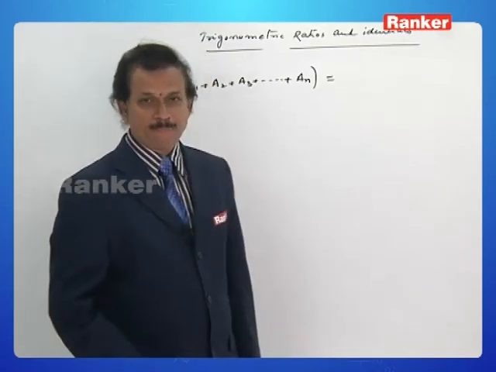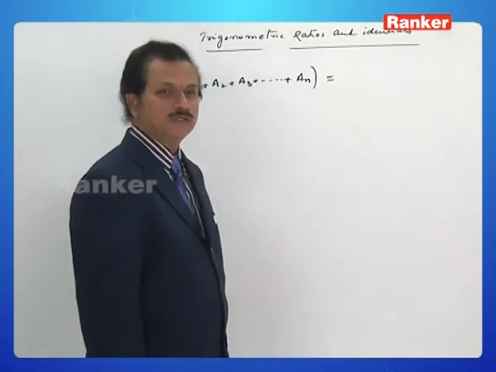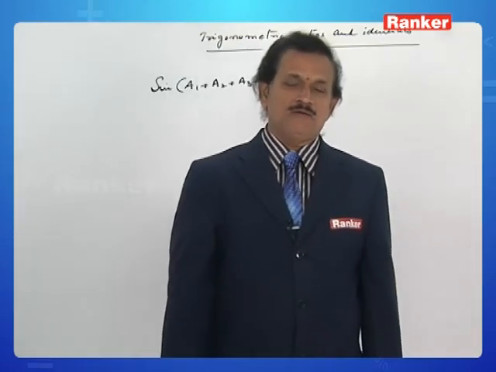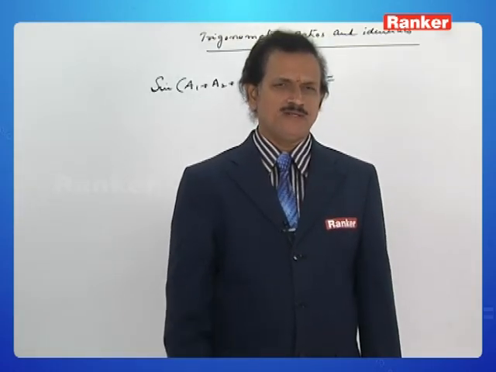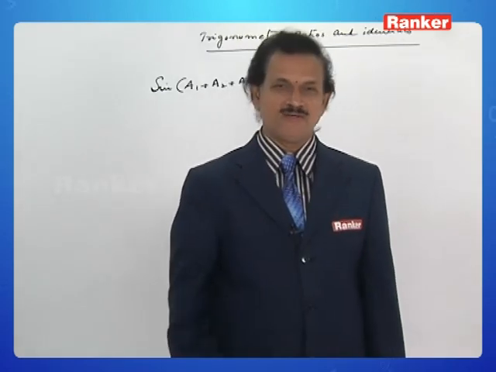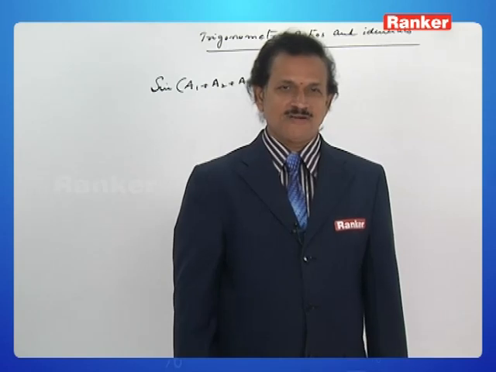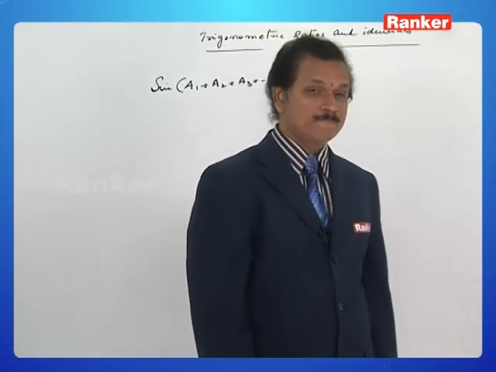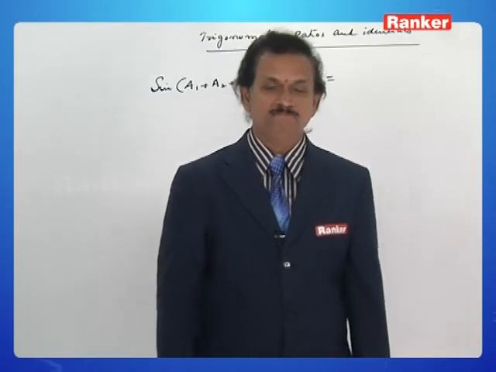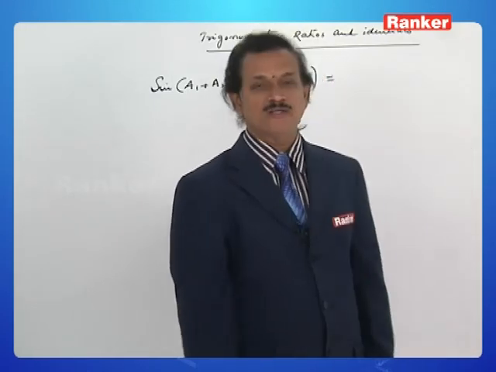Well, my dear, if n is 2, this is in the form sin of A plus B. Remember sin of A plus B? Cos A cos B into tan A plus tan B. Isn't it? Well, remember sin of A plus B plus C. That is n is equal to 3.